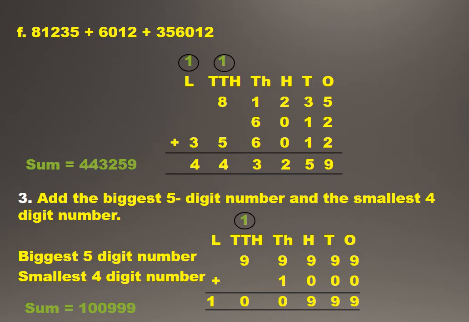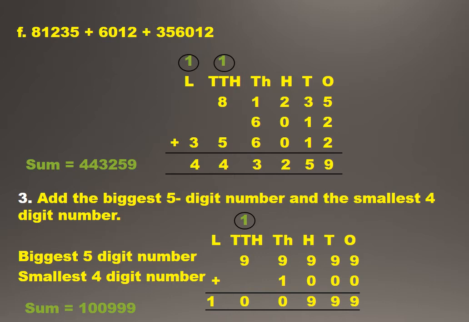Add 1 plus 8 gives you 9. 9 plus 5, 14. Place 4 on 10,000 place and carry forward 1 on lakhs place. 1 plus 3, 4 comes on lakhs place. So what is the sum of these three numbers? 4,43,259.